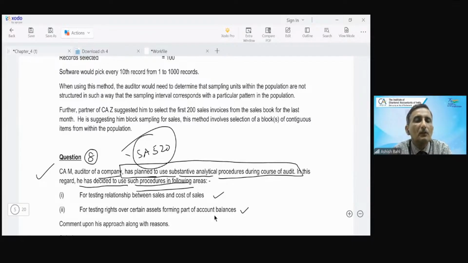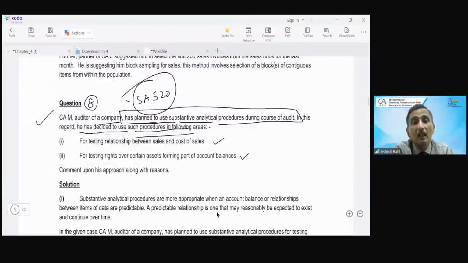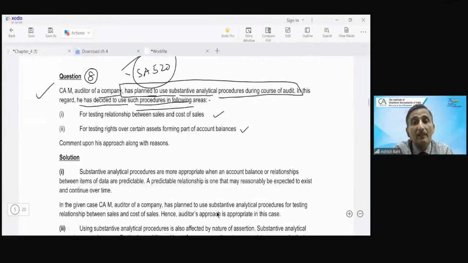So, students, as you know, substantive analytical procedures are more suitable to profit and loss items, which are repetitive in nature. This approach is proper for testing the relationship between sales and cost of sales, which is also predictable.